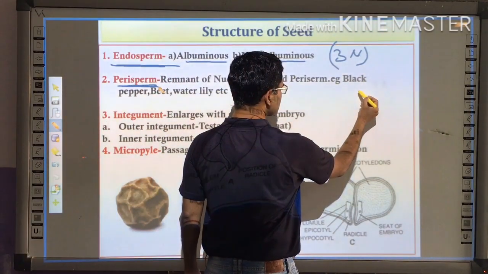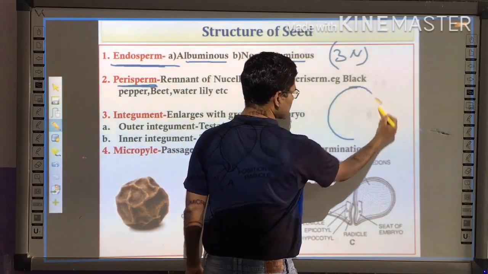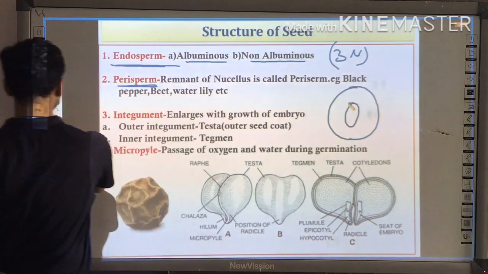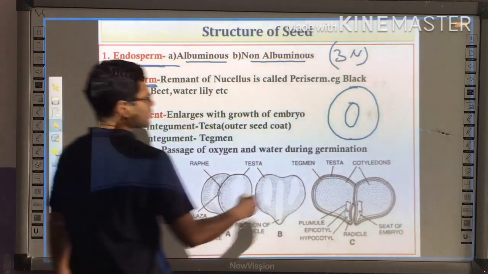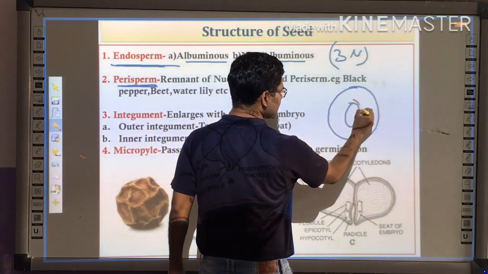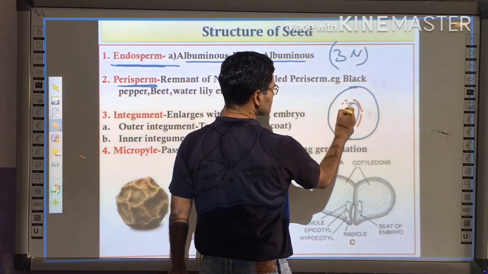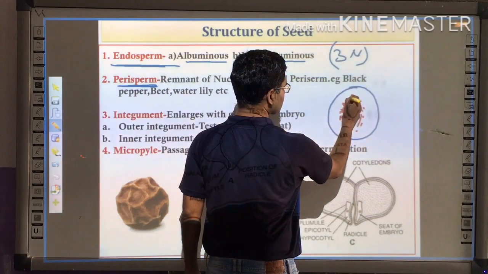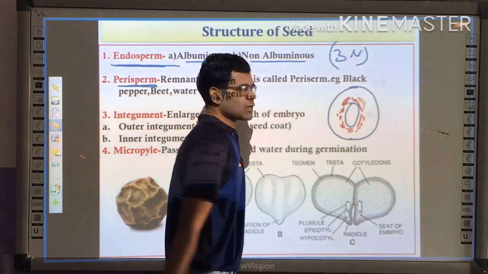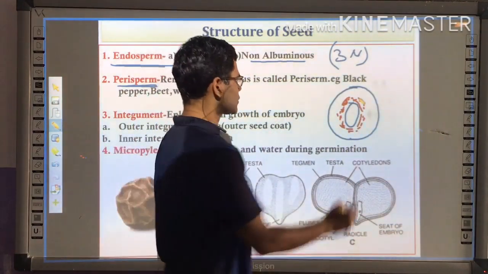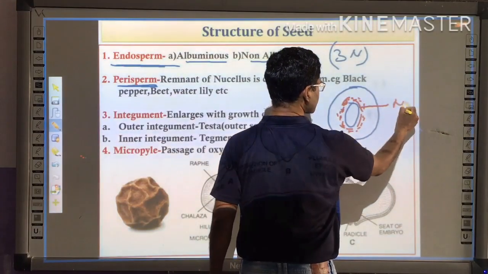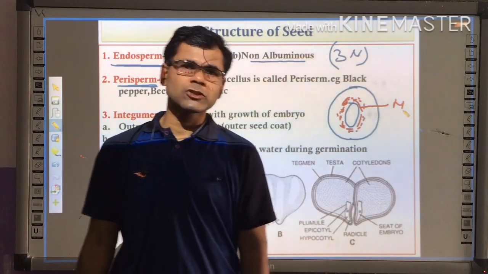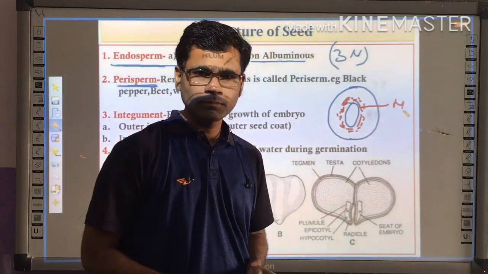Suppose this is the ovary, this is the embryo sac, and this embryo sac is surrounded by nucellus. This is the nucellus. This nucellus again acts as a rich source of nutrients.